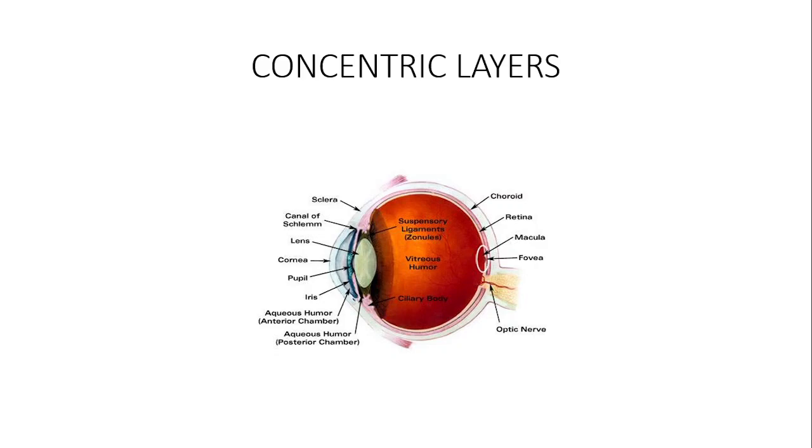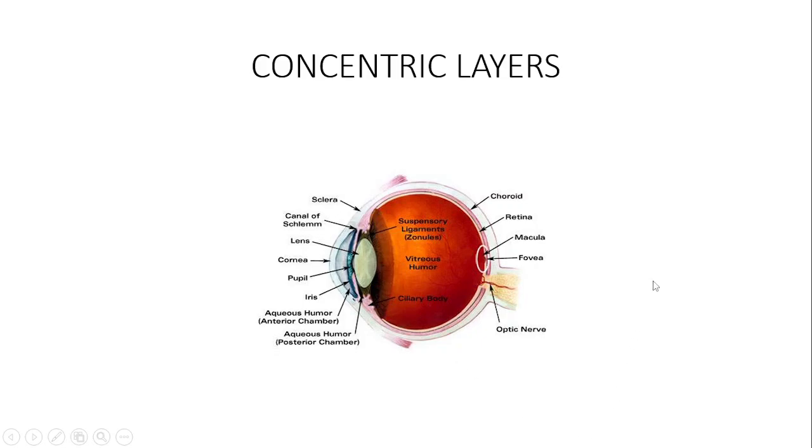Receptor, it receives. So photoreceptor. So there are cells within the retina that capture light from the environment, which helps us to see. So that's where the photoreceptors are found. This is the retina, the innermost layer of the concentric three layers. It contains the photoreceptors. They help us to see.